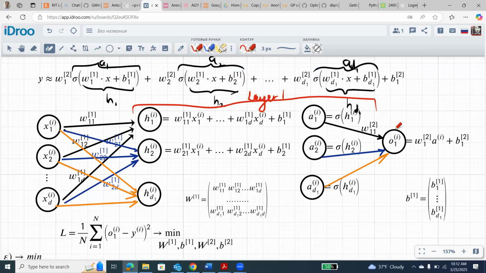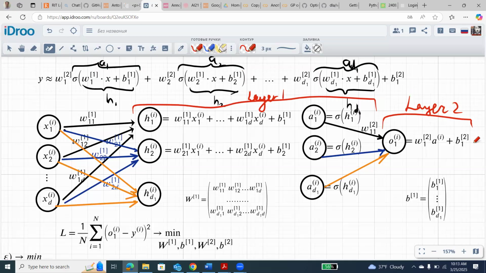And when we calculate another linear combination, it will be layer 2. So we will talk about a multi-layer perceptron; this is a two-layer perceptron.